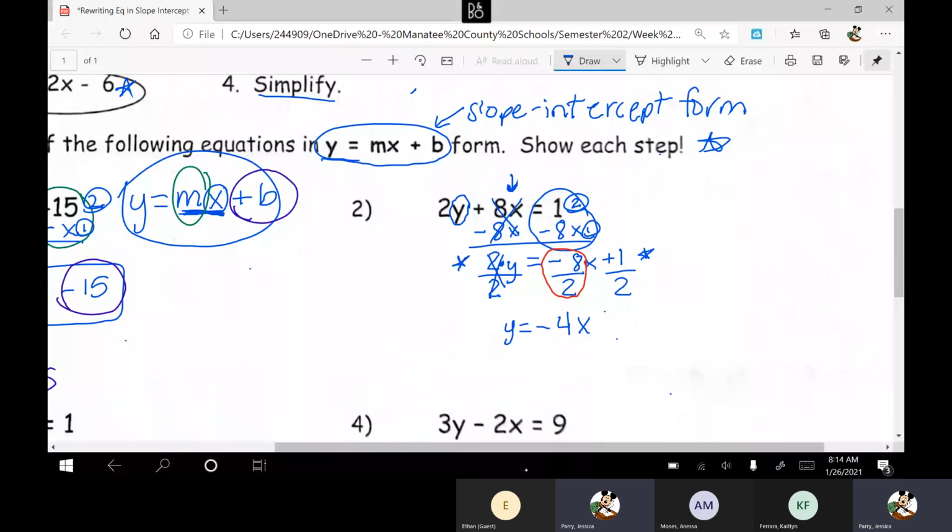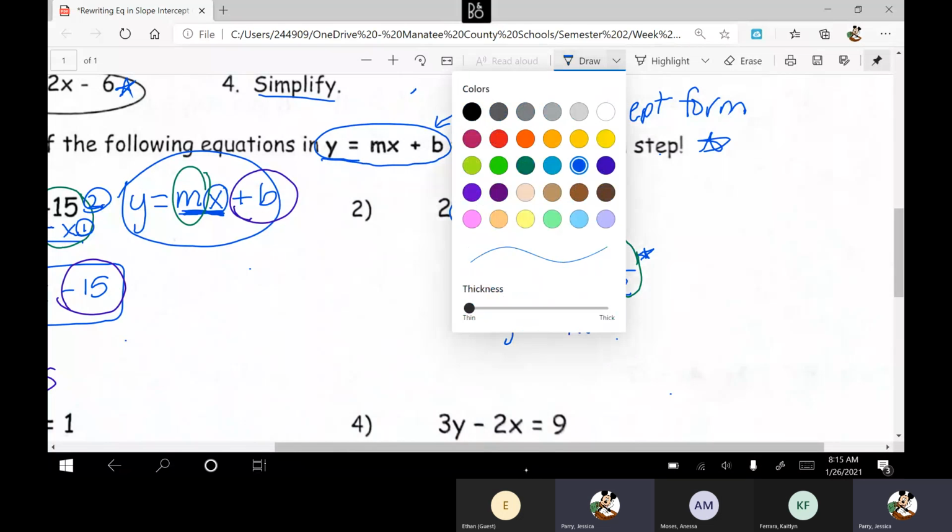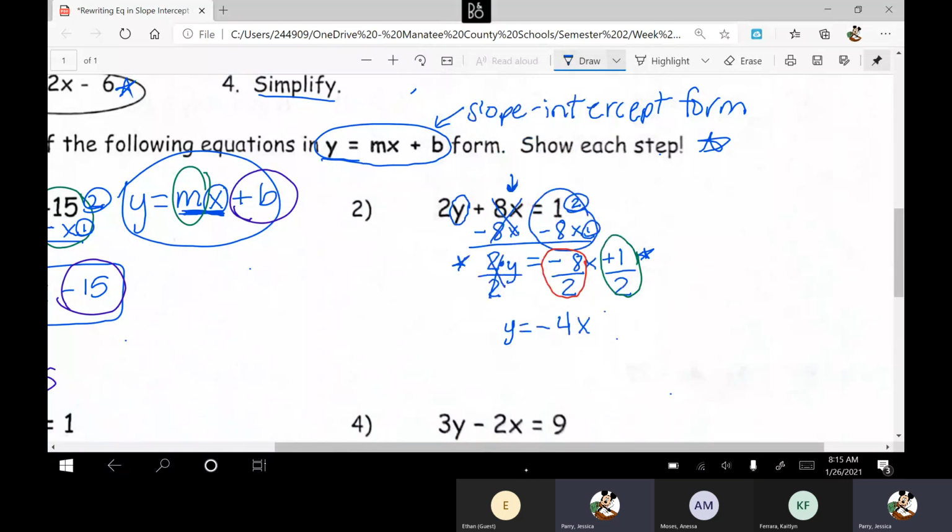Let's keep on going here. Next is this positive 1 divided by 2. Can we do 1 divided by 2 and get a nice pretty number with no decimal? For this one, no, you're going to end up with a decimal. So let's just leave this one as a fraction. We're going to leave it as that plus 1 over 2.